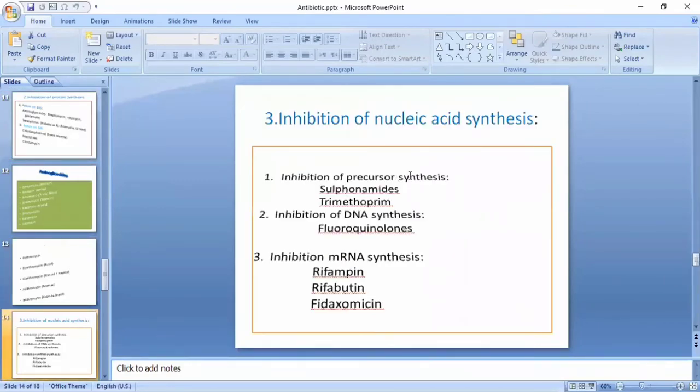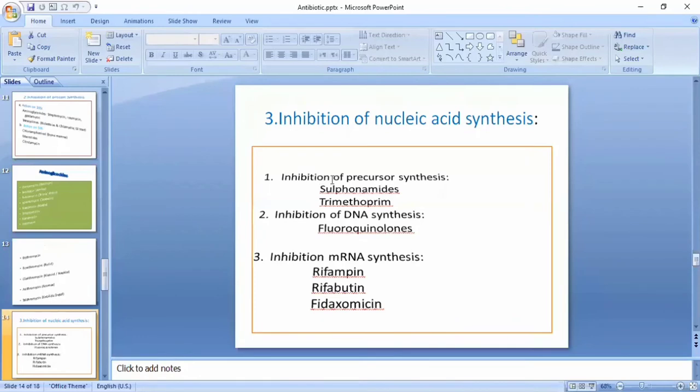Now the third mode of action of the antibiotics is the inhibition of nucleic acid synthesis. The antibiotics which inhibit the nucleic acid synthesis of the bacteria are grouped in three ways.